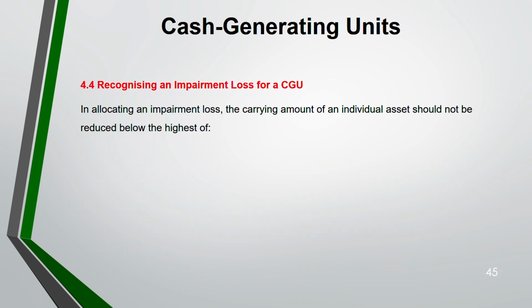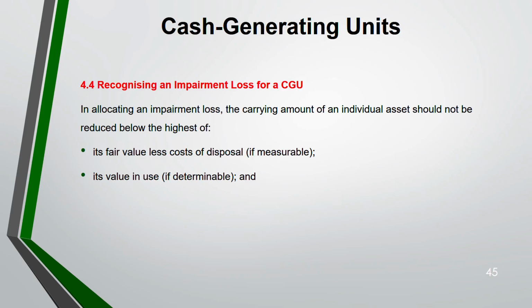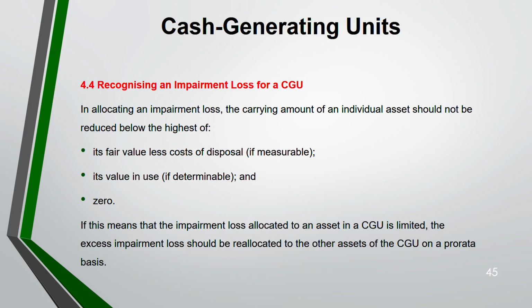Now, when you are allocating an impairment loss, you cannot reduce the carrying amount of the individual asset below the highest of these three figures: its fair value less cost of disposal, its value in use, and 0. So it cannot go negative. That means the impairment loss allocated to an asset in a CGU is limited, so your excess impairment loss you have to allocate against the other assets of the CGU on a pro rata basis.